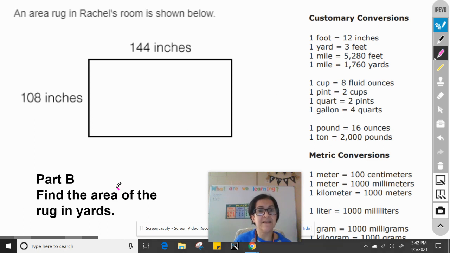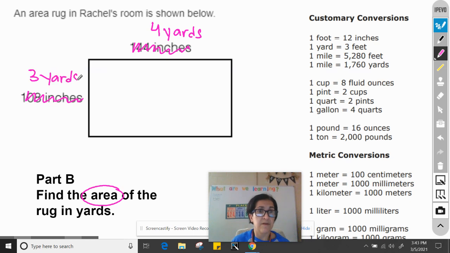It says find the area of the rug in yards. Remember, this was 4. We don't need this because we wanted it in yards. So 4 yards times 3 yards. Well, how do we find area? This is an old standard, right? From 3rd grade.